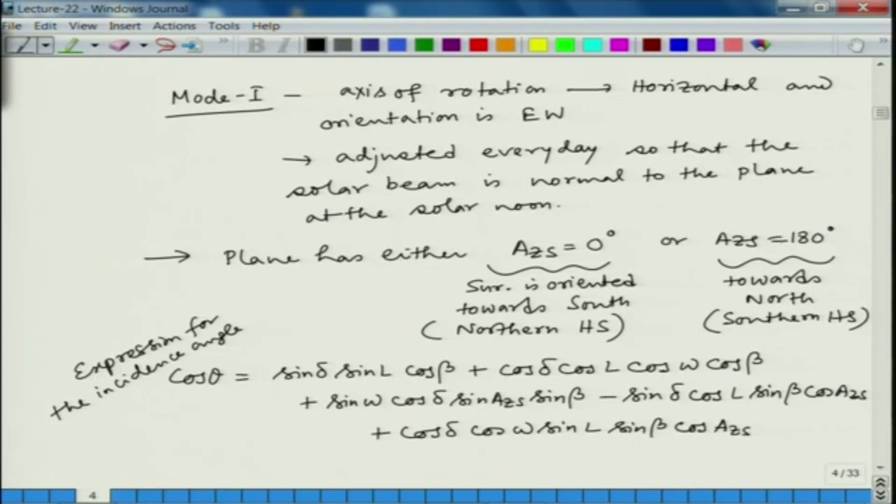Okay, this long expression we have derived earlier, and this is the expression of the incidence angle on a plane with respect to different important angles such as the declination angle, latitude, tilt angle, hour angle, surface azimuth angle.